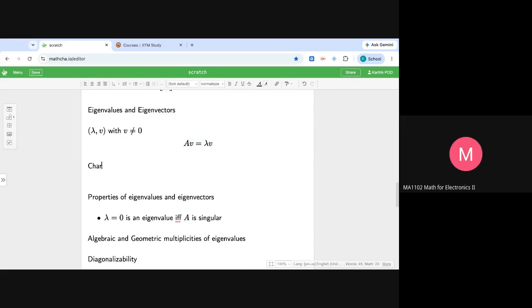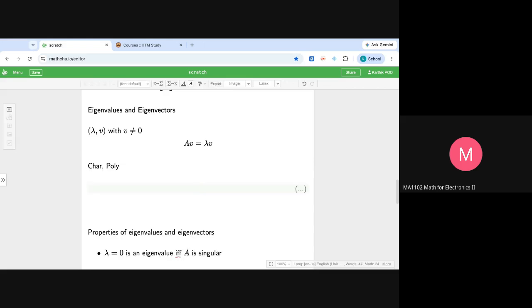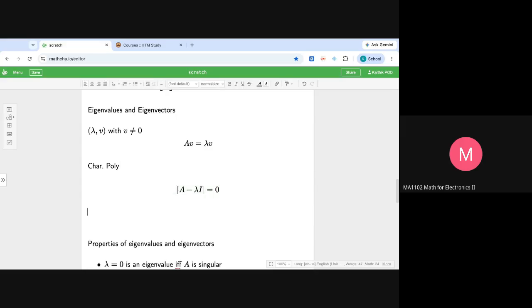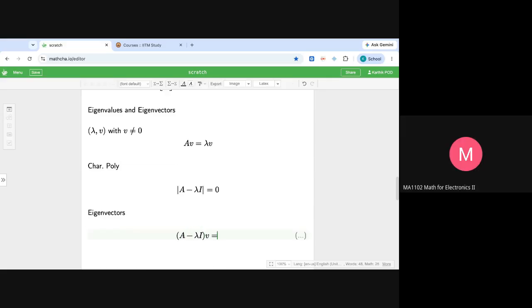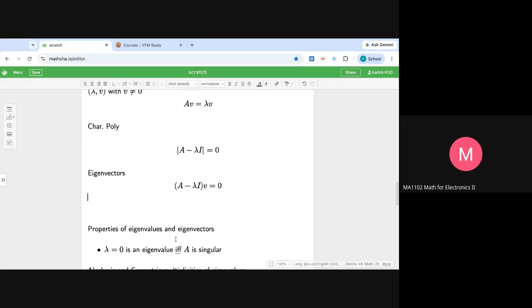Then we come to the characteristic polynomial to find the eigenvalues by setting the determinant of A minus lambda I to 0. And even for finding the eigenvector, we use this only, the A minus lambda I form. For that we use A minus lambda I times v equals 0 and solve the corresponding system. So that is the eigenvalue, eigenvector definition.